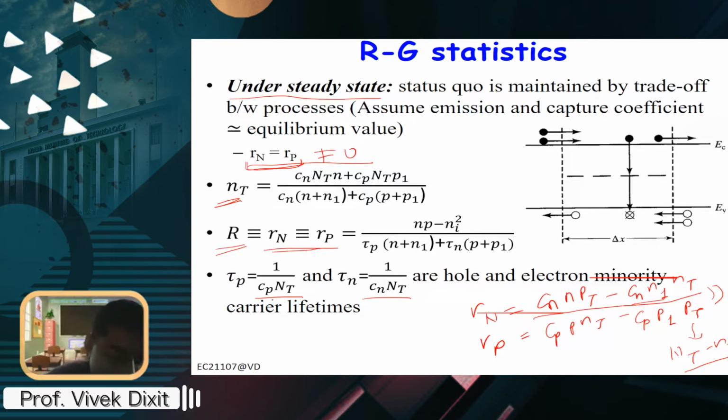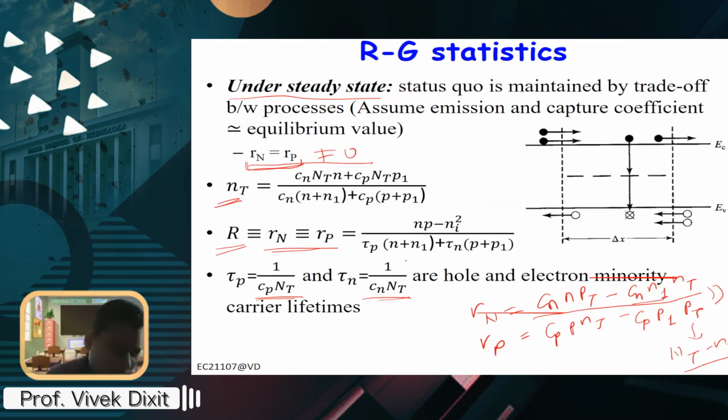Correct? So in this case, it is possible that electrons and holes can have different carrier lifetimes. Correct? So electrons and holes can have different carrier lifetimes.